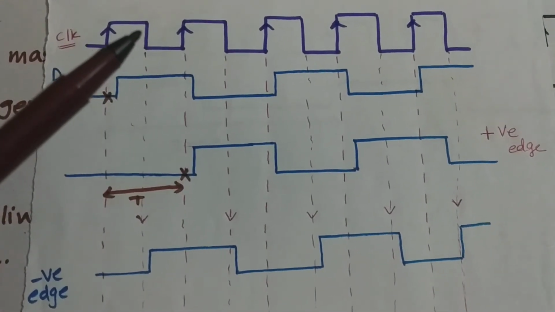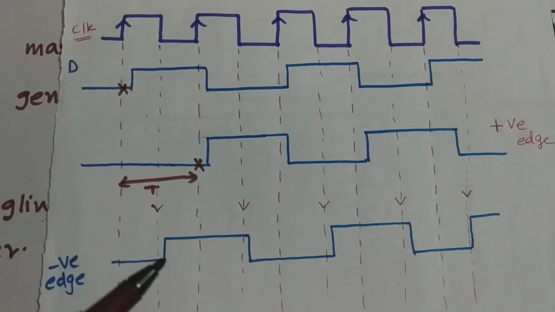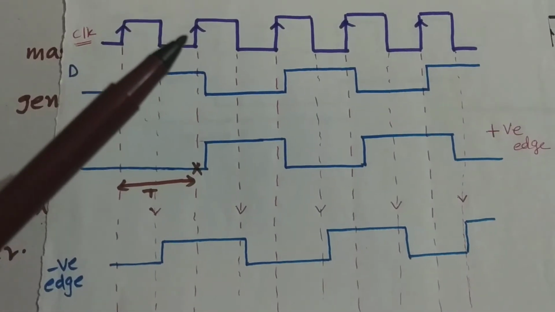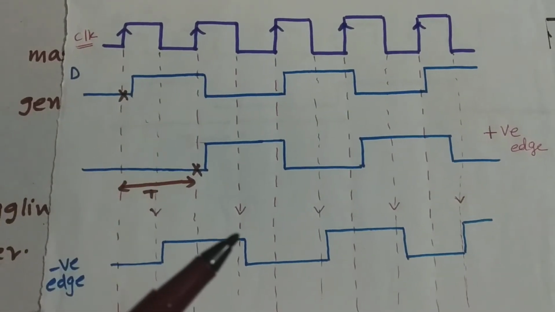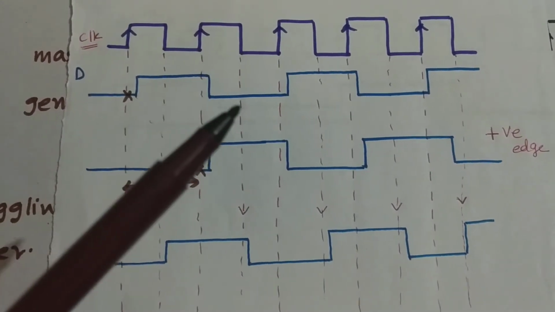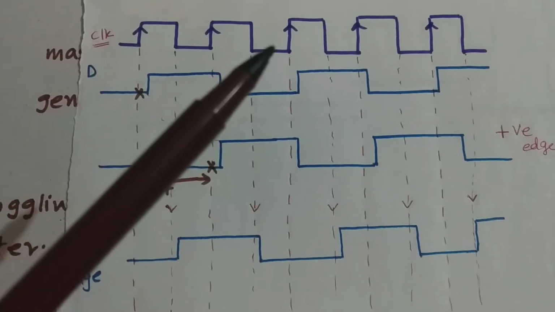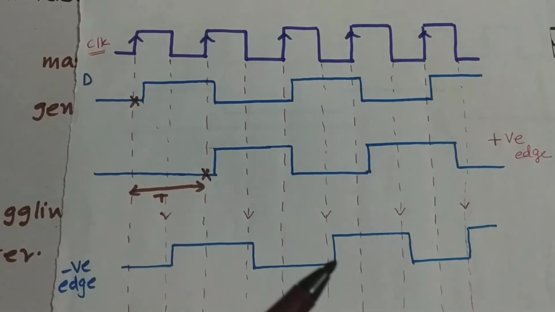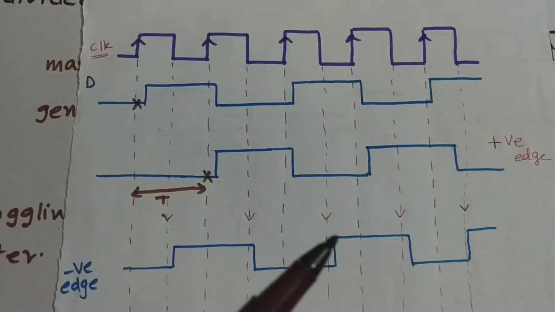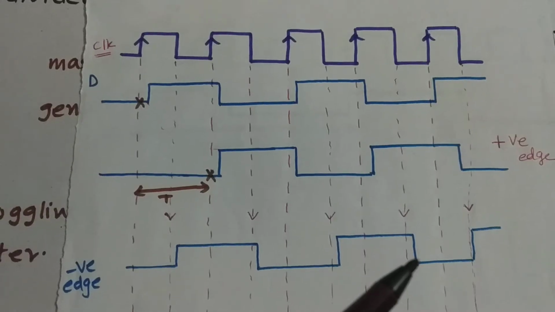As you can see, at the negative edge it's 1 over here, so we are going to get 1 after the hold time, and the 1 will stay till the next negative edge. At the next negative edge it's 0, so it will turn to 0 after the hold time, and till the next negative edge it will be 0. At this negative edge it's 1, so it will turn to 1 till the next negative edge, and it will go on.